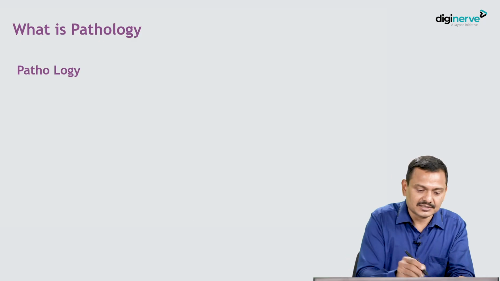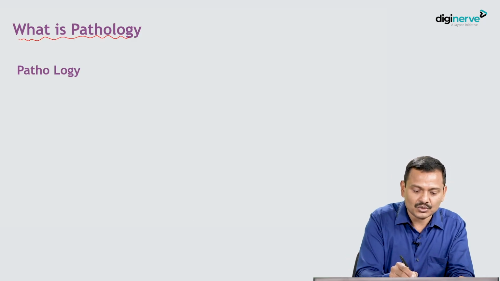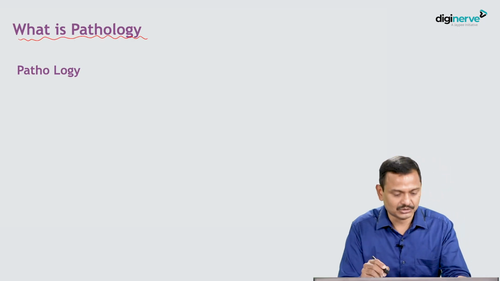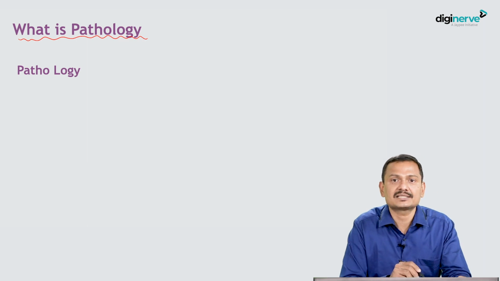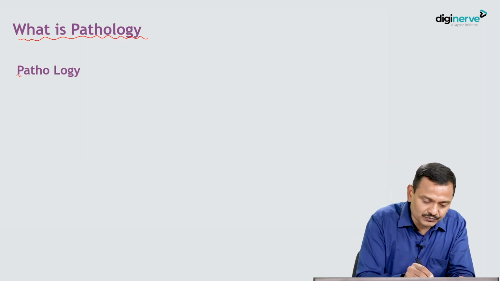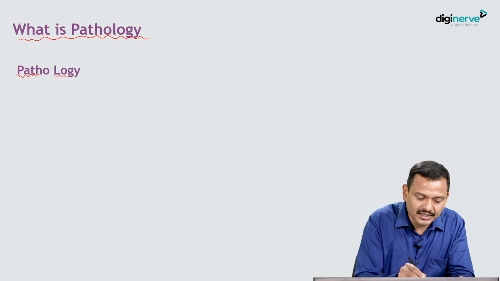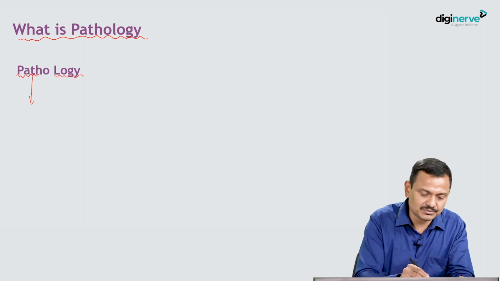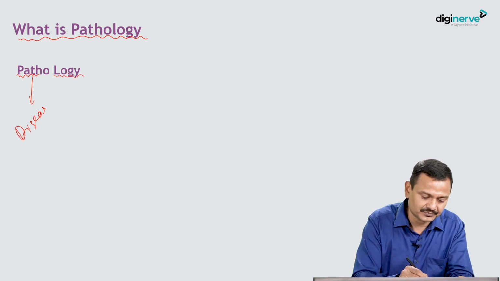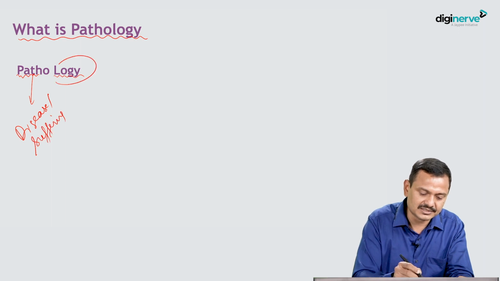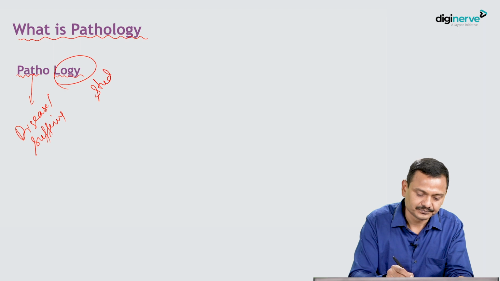After a little bit of history, now we move on to our subject, that is pathology. So what is pathology about? Pathology is a Greek word which consists of two words, pathos and logi. Pathos means disease or suffering, and logi means study.